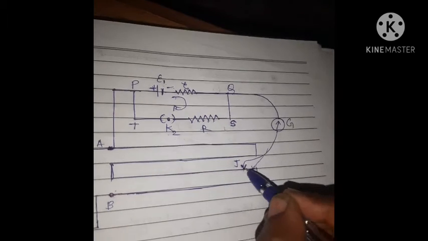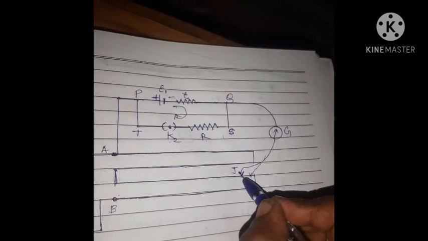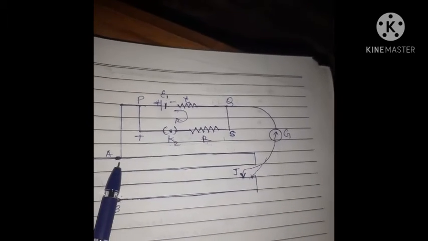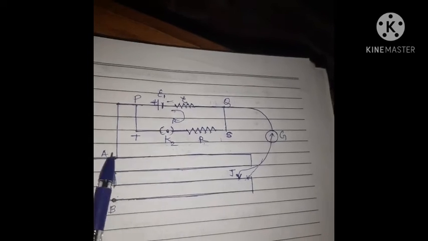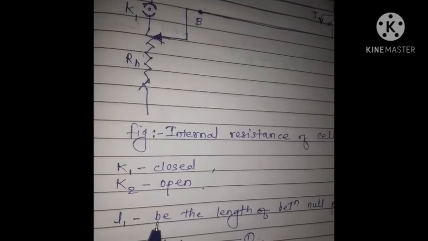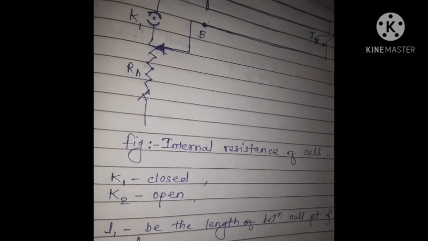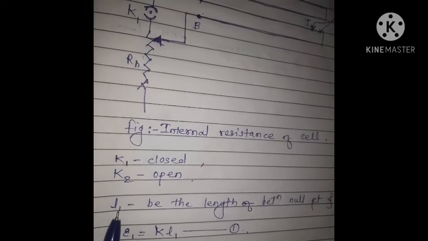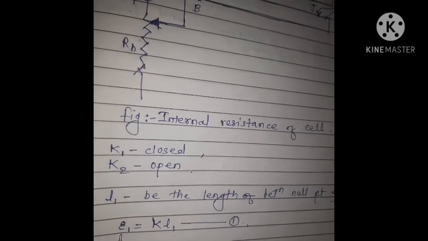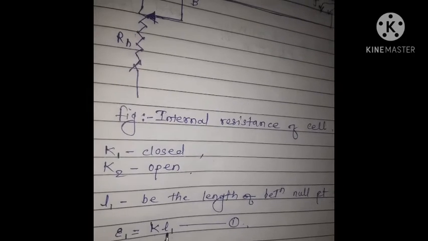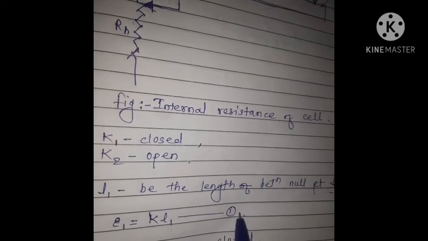Suppose the null point is obtained at this point, and the length between this null point and point A is L1. The EMF for this length, E1, is equal to K into L1, where K is the potential gradient. Suppose this is equation 1.